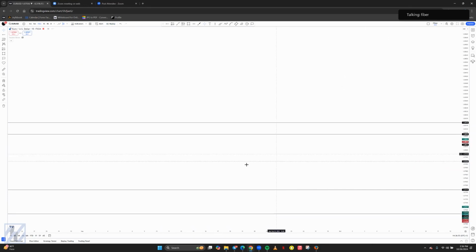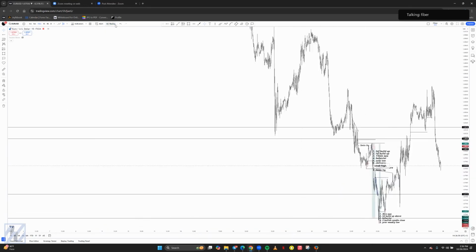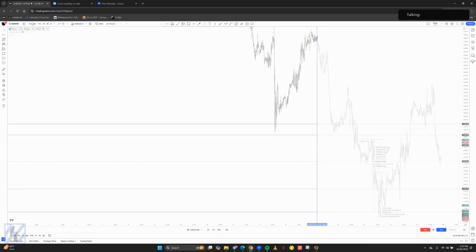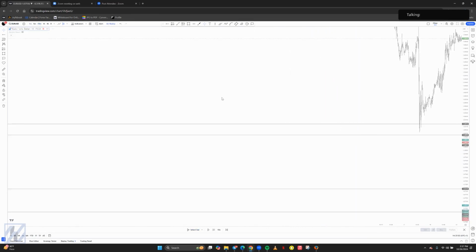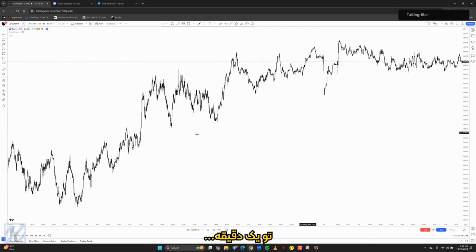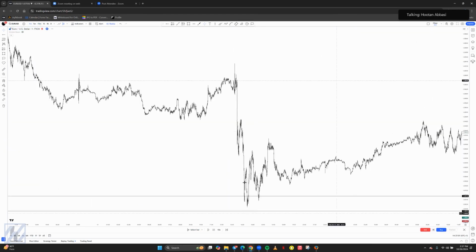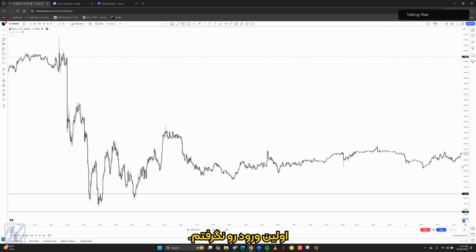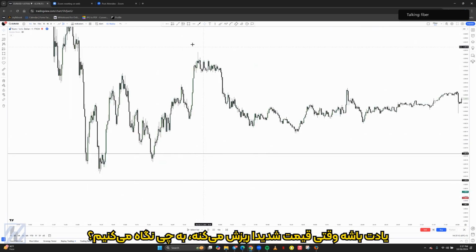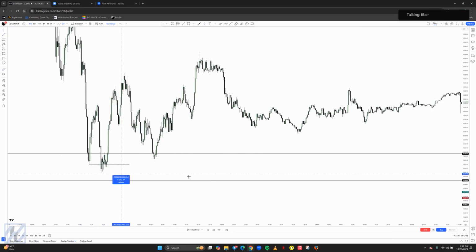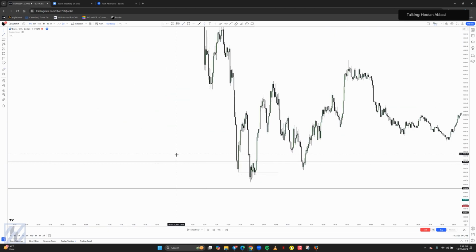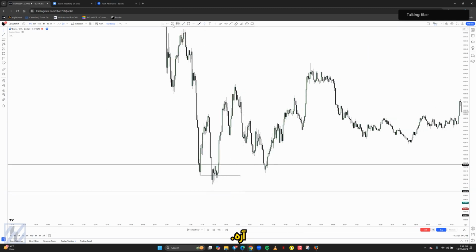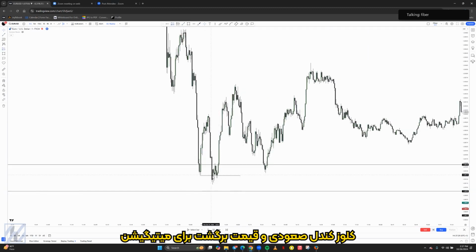Price took the liquidity. Then on the 1 minute, what do we have? On the 1 minute, this was my entry. I didn't take this first entry. Remember, when price is falling heavily, we look at what? TLQ. So it was this TLQ that was my first entry. Yes, the bullish candle closed and price came back for the mitigation.